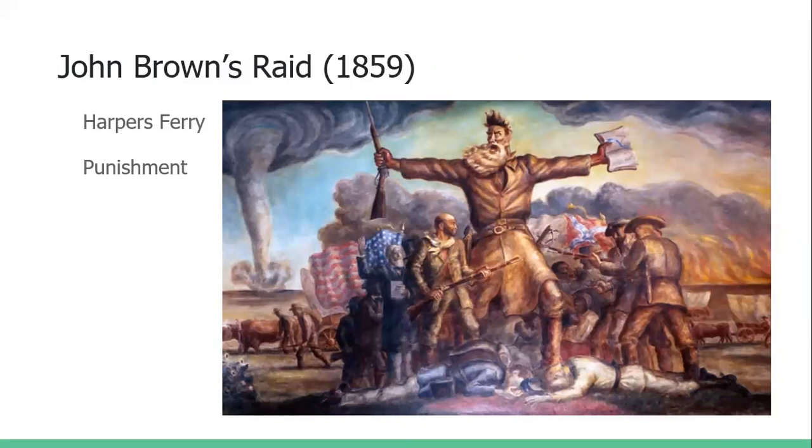Here's an interesting one. This one I kind of like talking about. John Brown's raid on Harper's Ferry. This happened in 1859. And the story is, John Brown kind of started making a name for himself in the Bleeding Kansas crisis, where he's an abolitionist and he would have been fighting against the pro-slavery people who were trying to influence the vote on which state constitution Kansas would be getting.